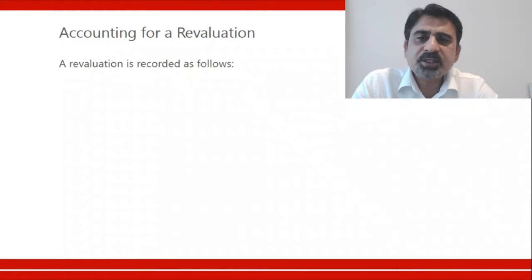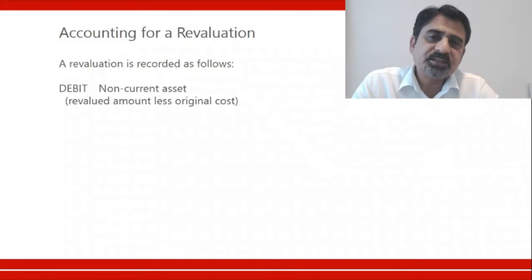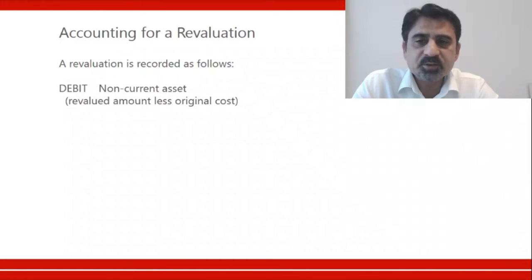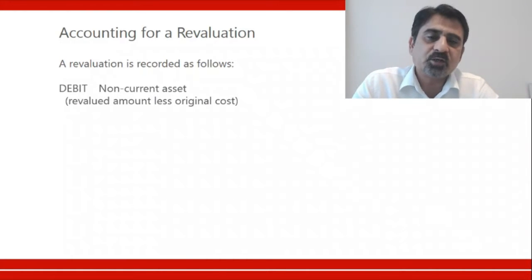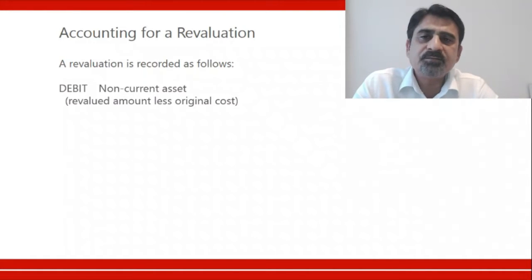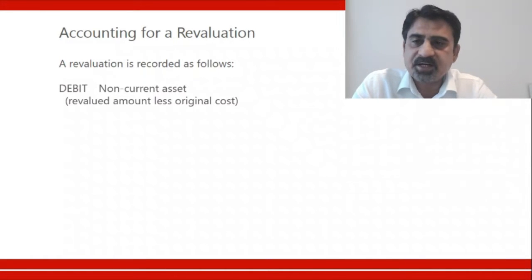So a revaluation is recorded as follows. You debit the non-current asset, which means that there is an increase in the value of the non-current asset, and that increase you charge. So you see the revalued amount less the original cost, not the net book value. I will show it with the help of an example. Actually, you will understand it better. So just see the entry and we will come back to this double entry again.